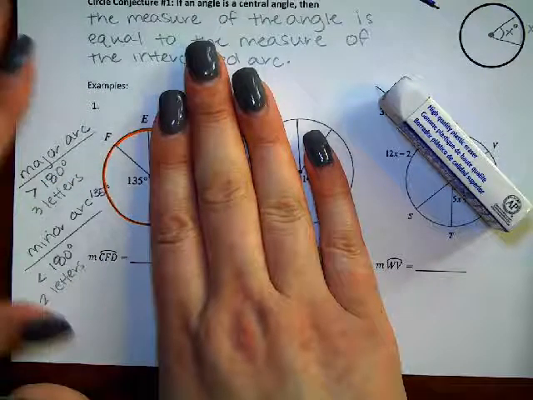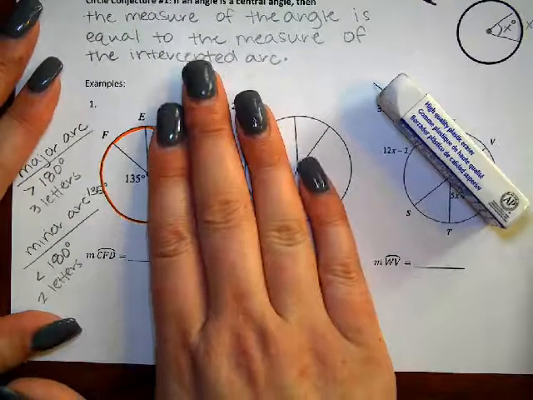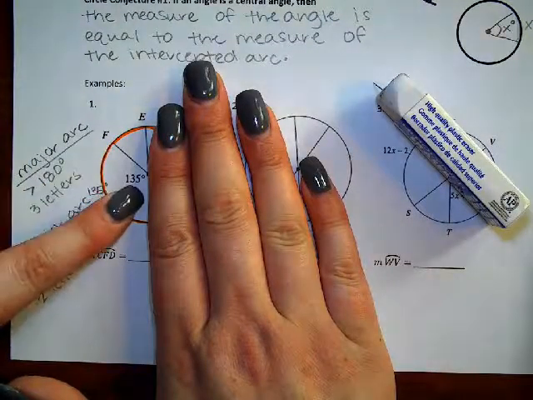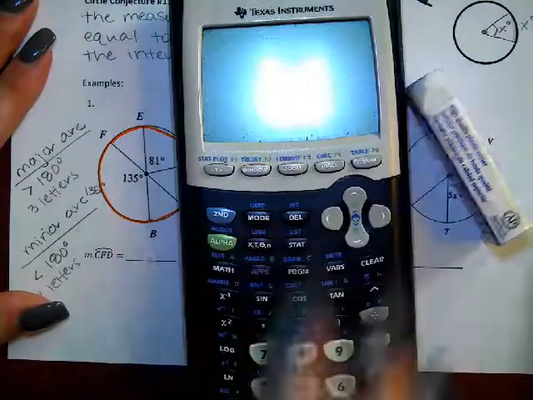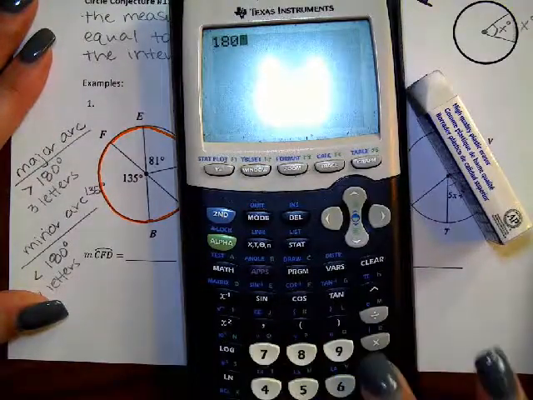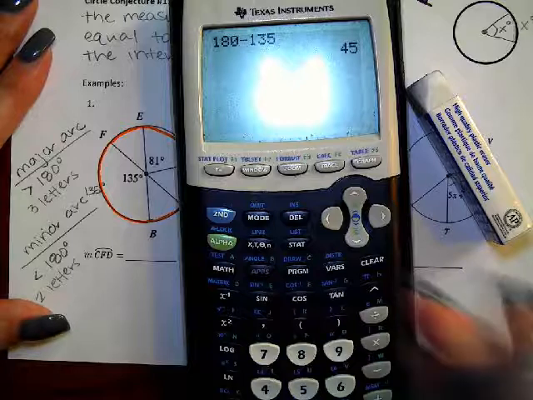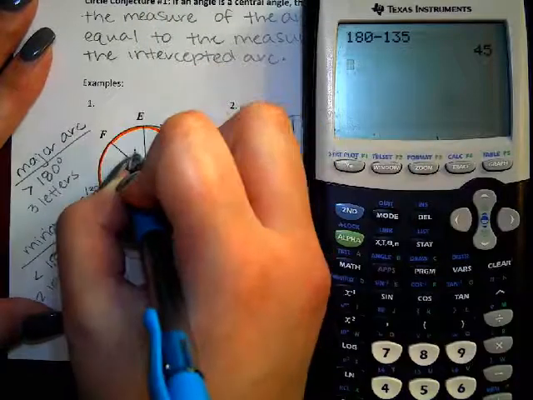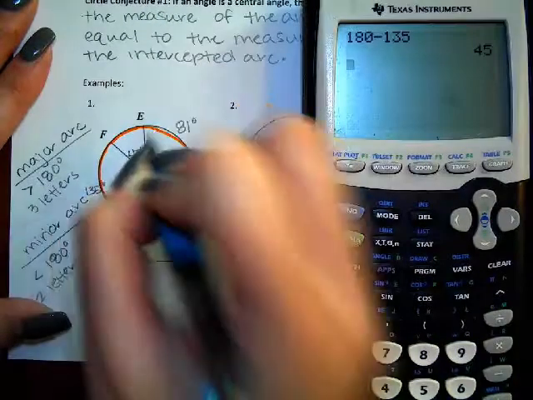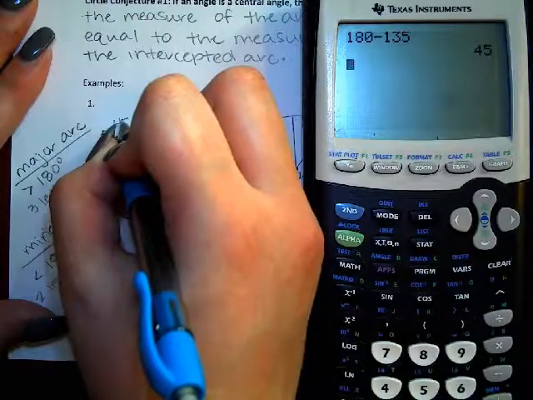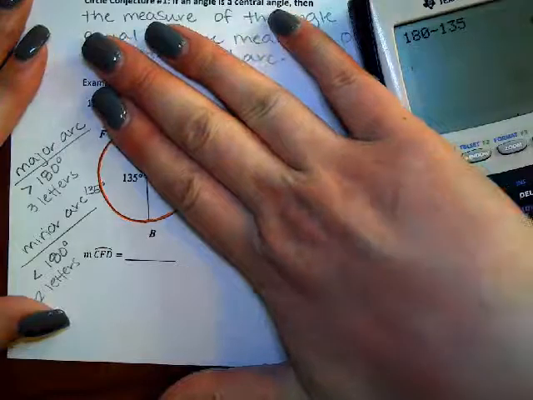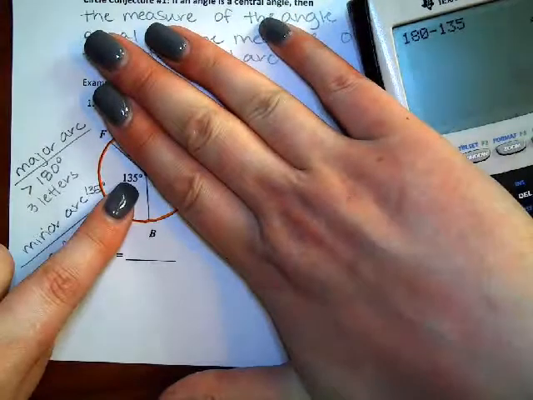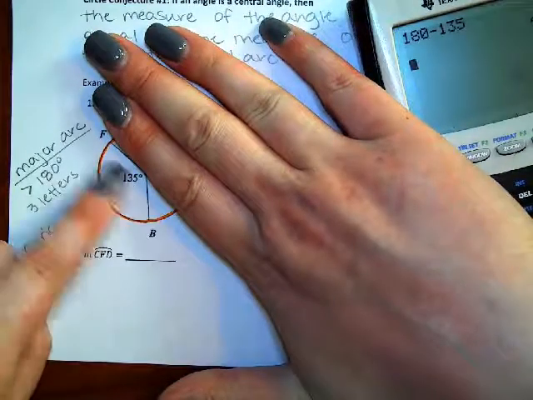So what I can do is I can cover that up and I can say, oh, if this is 135, then this angle should add up to 180. So I can just take my calculator and do 180 minus 135. So that means that this central angle is 45, which means that that arc is also 45. I can do the same thing right here. If that is 135, then this should add up to 180 because that's half of a circle.